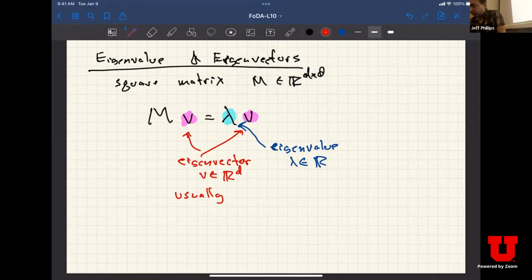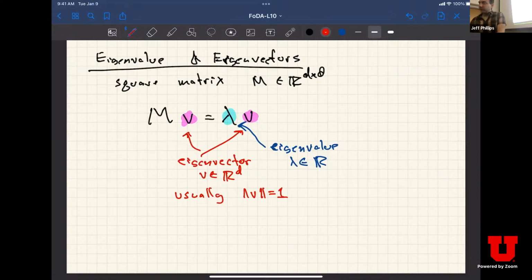So usually you consider the case when the norm of v is equal to 1. And then that gives meaning to the value of lambda. Then that gives a specific value of lambda associated with that eigenvector. So the eigenvalue lambda is typically defined when you set the norm of v equal to 1.